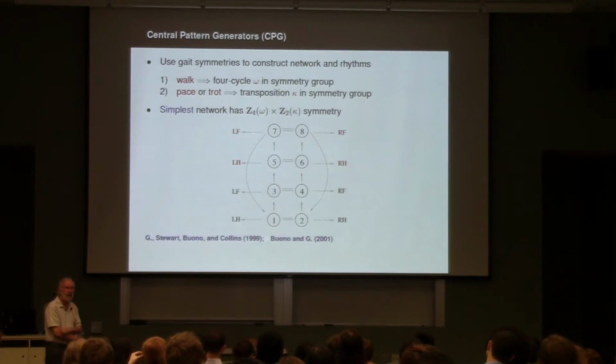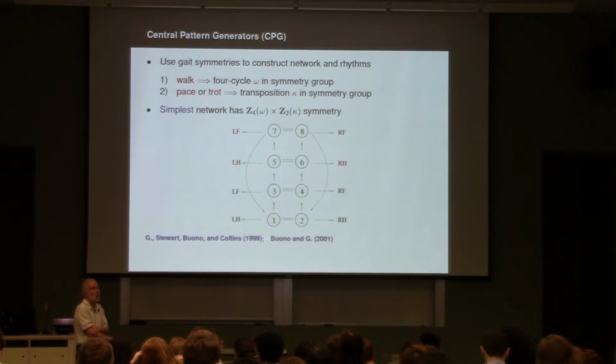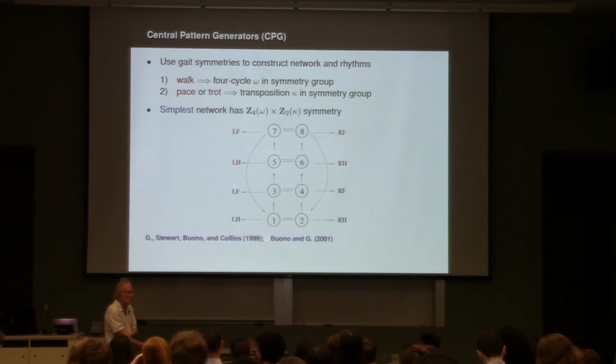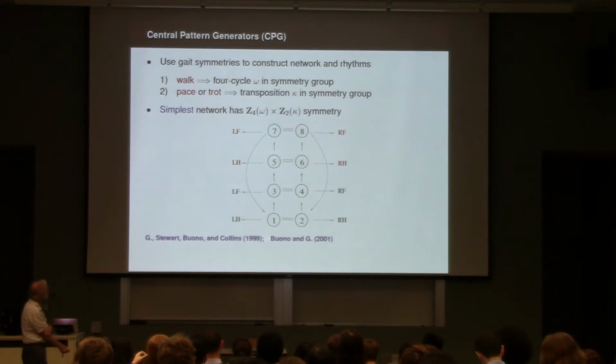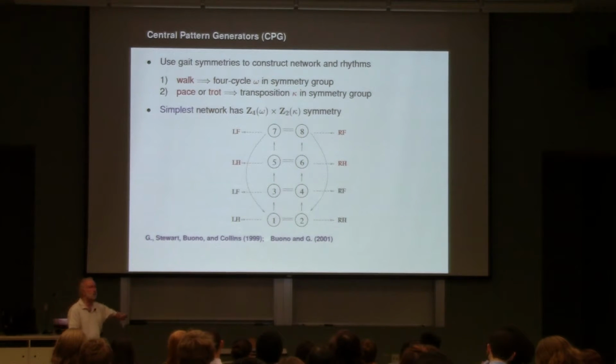But the answer is that this 8-node example is the simplest network that will produce walk, trot, and pace, or produce periodic solutions with those symmetries. You can see it's not a surprise that this network is there, because if the system produces a walk, then it should have this 4-fold symmetry in it.